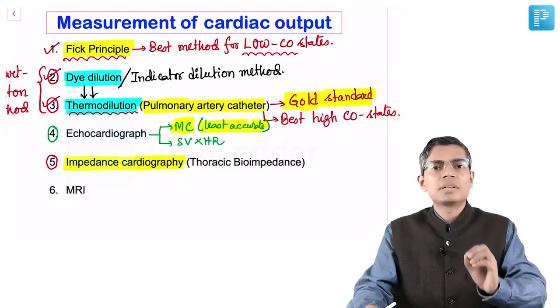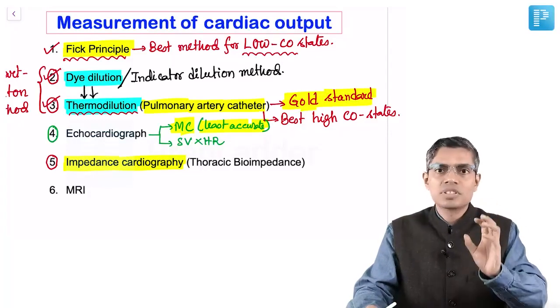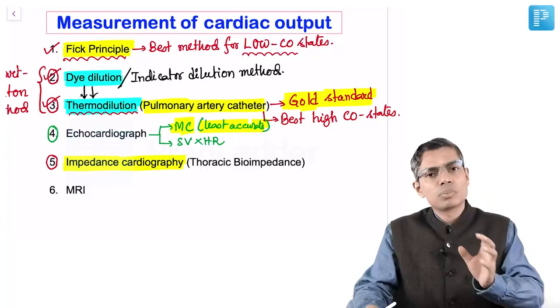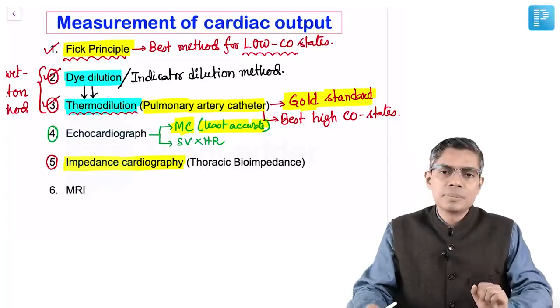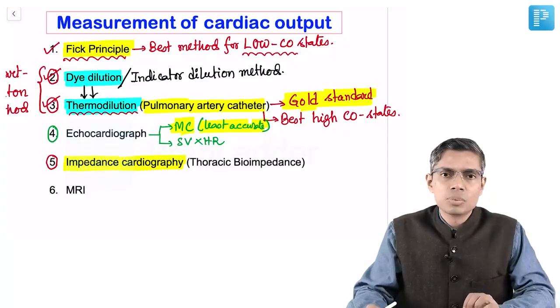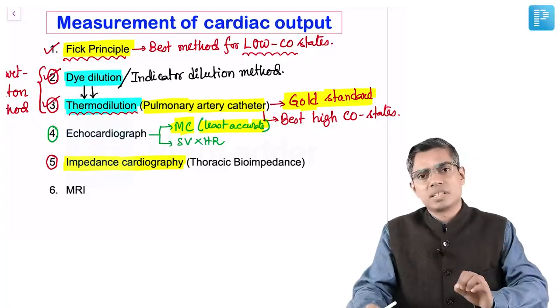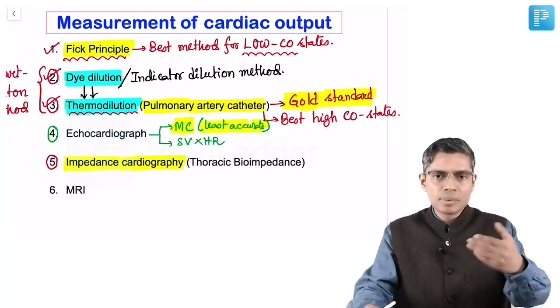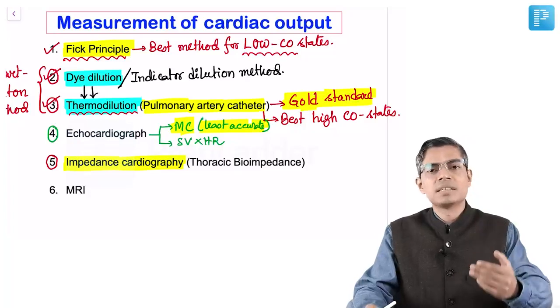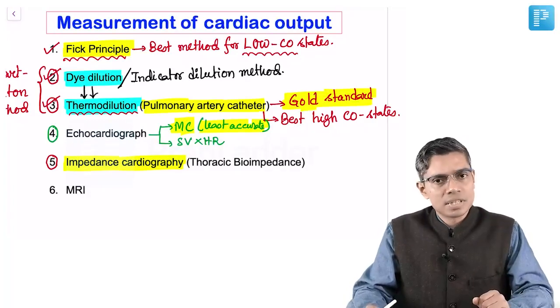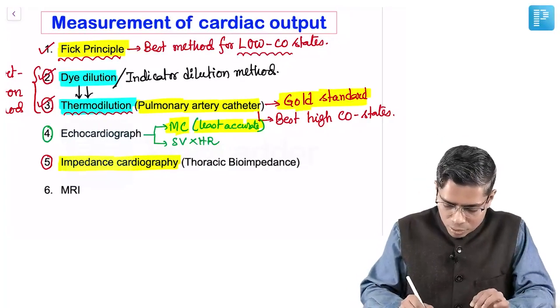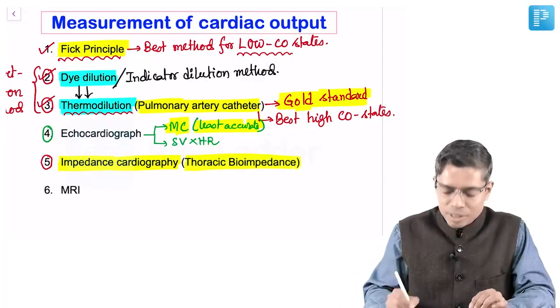By this method, whenever beat to beat blood flow is changing from the heart, the cardiac output will also change, and this is the method which can measure the cardiac output in a beat to beat fashion. Means for every beat, it can measure the cardiac output by measuring the resistance across the thoracic cavity. That's why it is known as the thoracic bioimpedance method or impedance cardiography method.